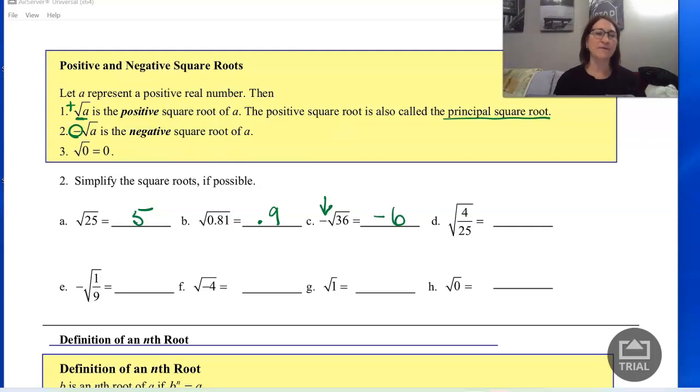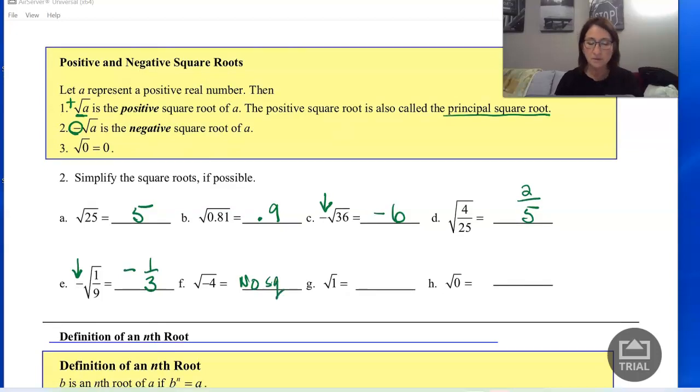The square root of 4/25 is going to be 2/5. Because I have the negative in front of the 1/9, the square root of negative 1/9 is going to be a negative 1/3. Now, for this next one, the square root of negative 4, there is no square root. The square root of 1 is 1. The square root of 0 is 0.